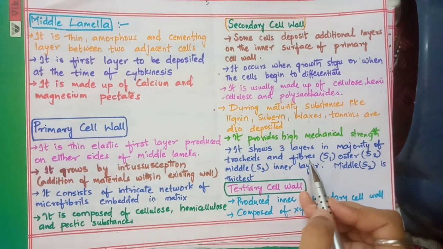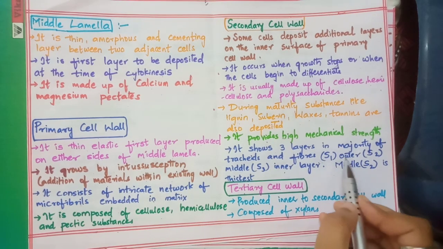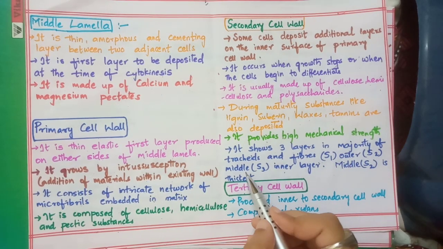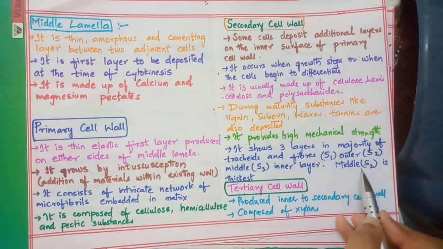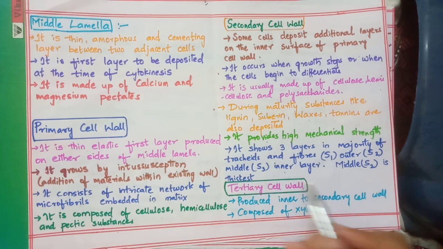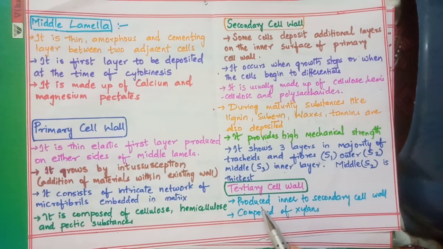The secondary cell wall is further divided into three layers known as S1, the outer, S2, the middle, and S3, the inner layer. Among these three, S2, the middle, is the thickest one. Then the tertiary cell wall. In some cells like tracheary cells of the xylem, it is produced inner to the secondary cell wall.